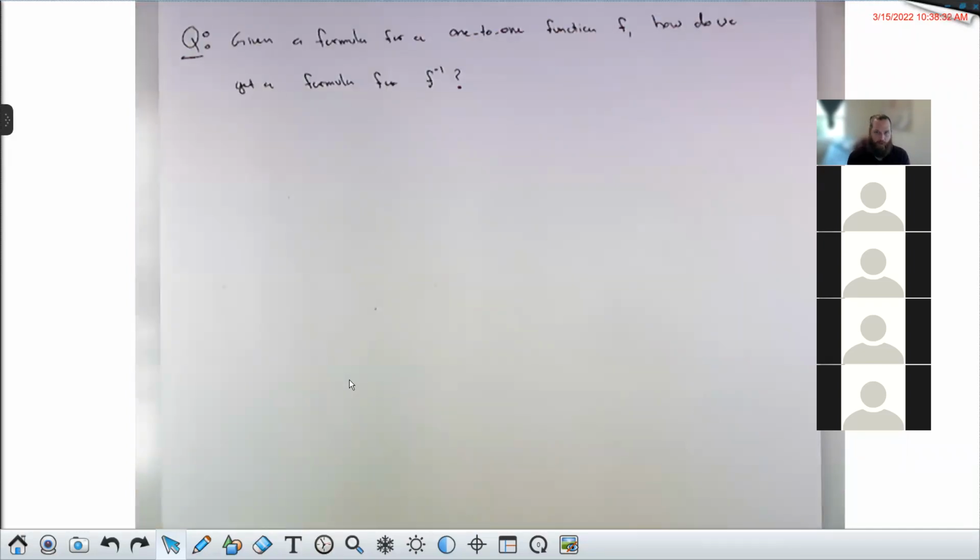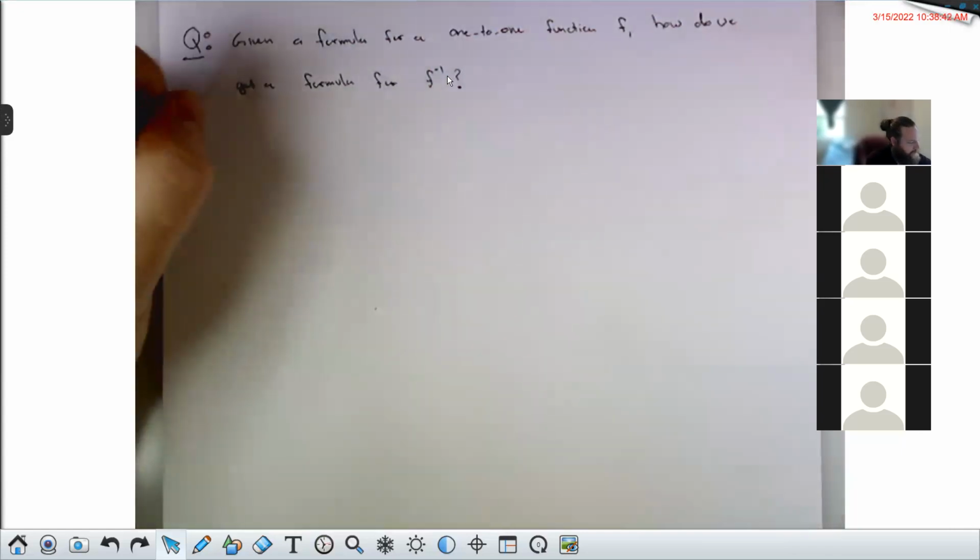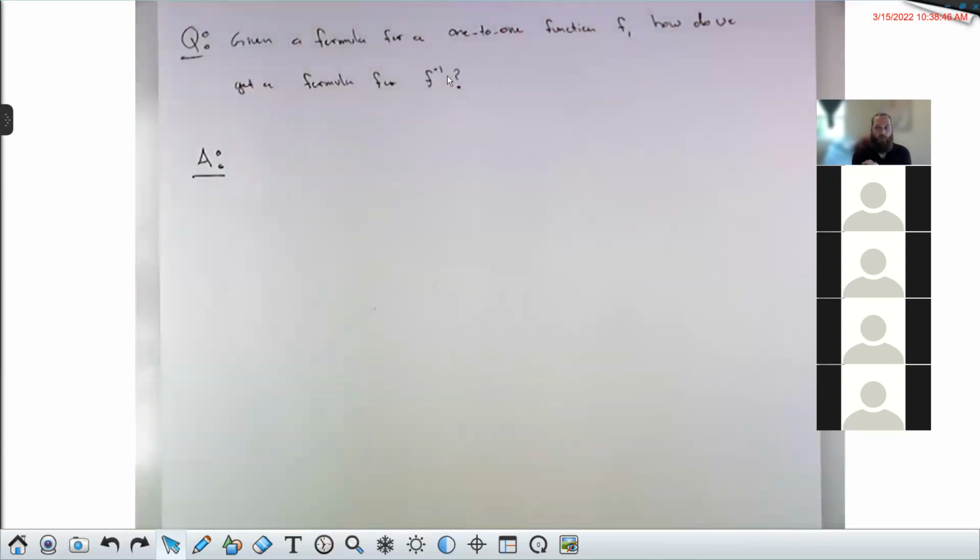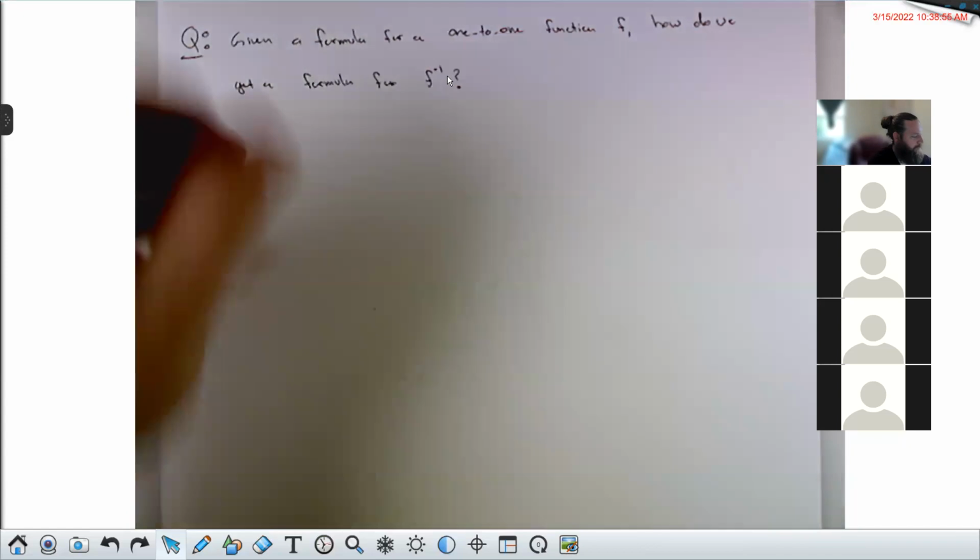I think because of the notation, because this -1 here kind of looks like a power, we're often tempted to just take the reciprocal, but that's not it at all. The answer here is to solve for the output in terms of the input, or starting with the original function, you solve for the input in terms of the output.